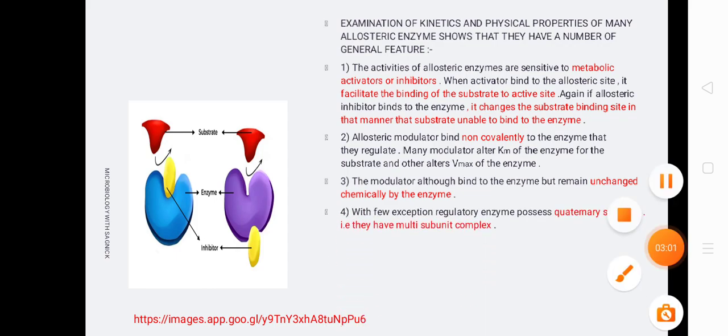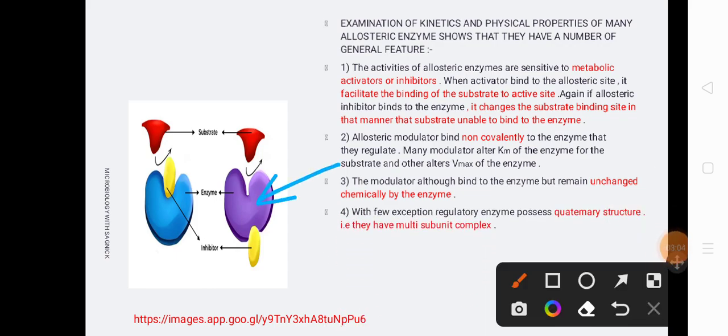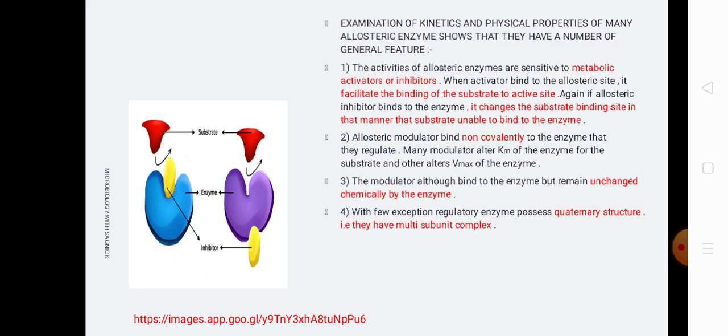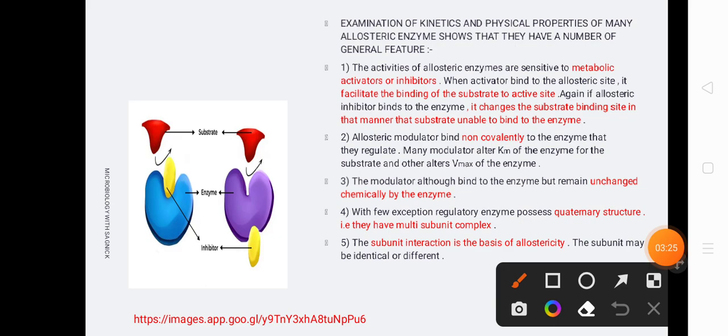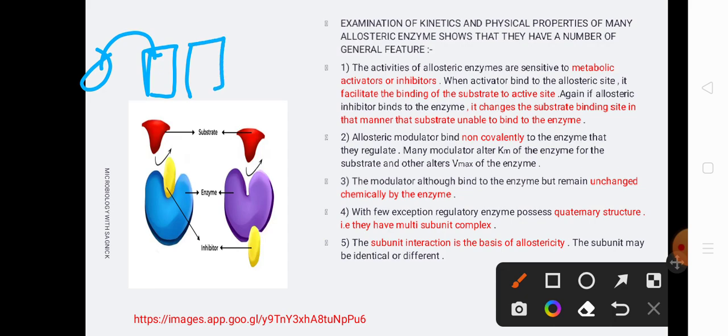Now, the main important thing is that most allosteric enzymes have quaternary structure. That means they consist of multiple subunits, right? And the interaction between the subunits is the basis of allostericity. Okay, that is the very important and key line of the entire chapter, because you may find at various times that a substrate binds with one subunit of the enzyme, and then it will create an impact on the next subunit's substrate binding site.